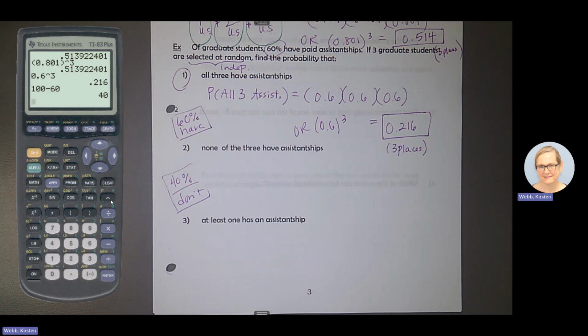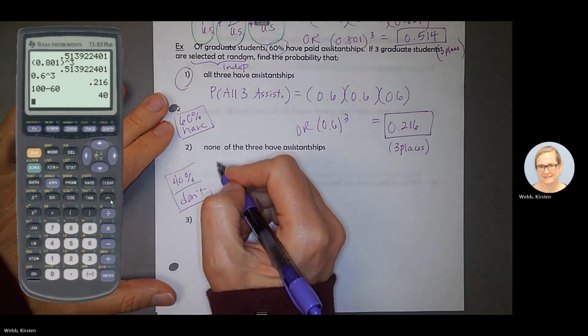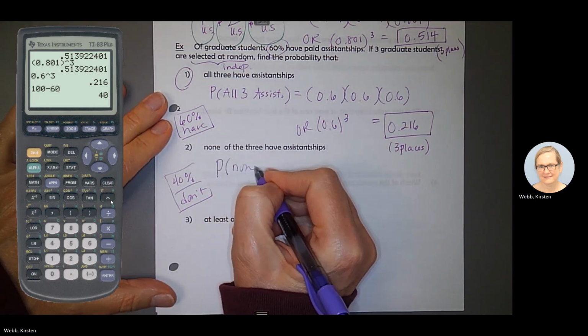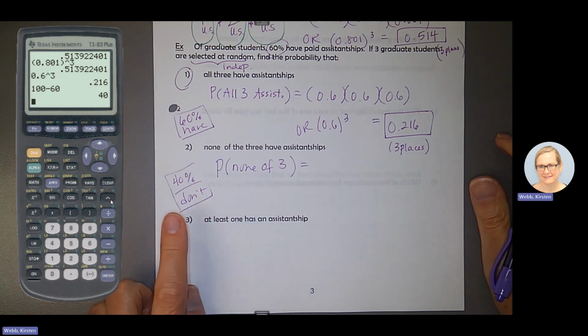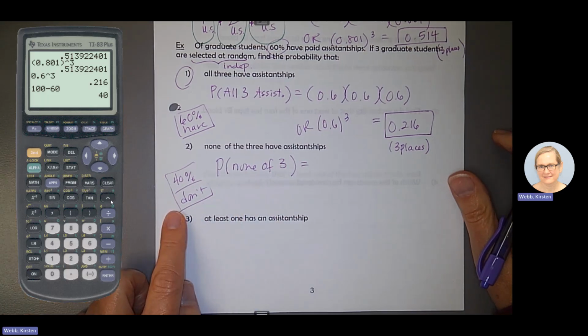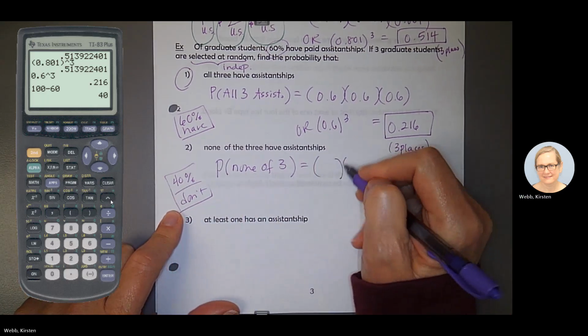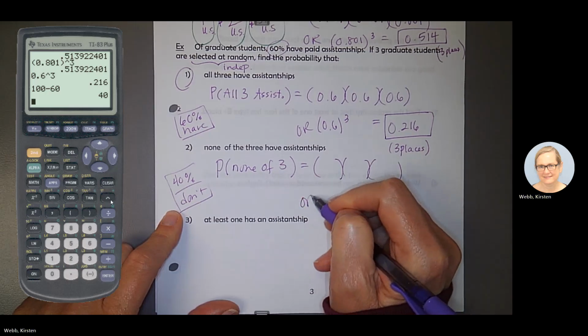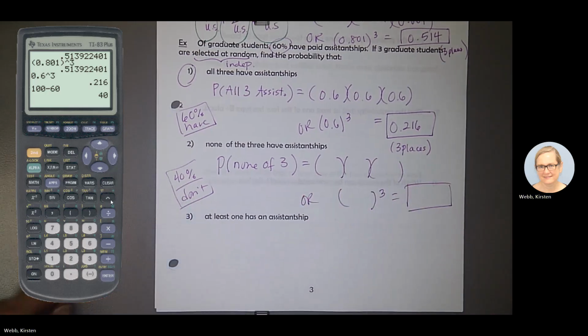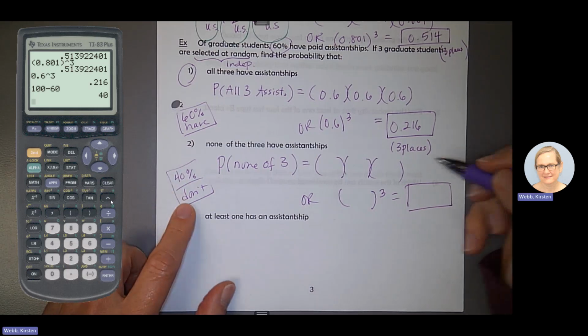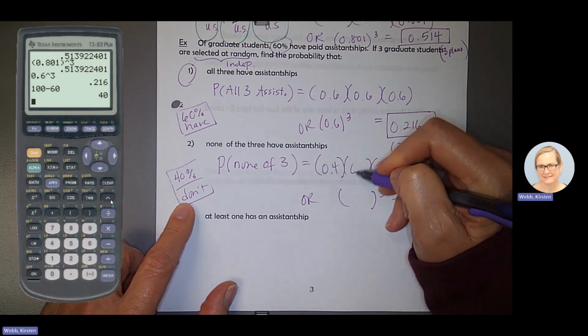Now they want us to find a probability that none of the 3 have assistantships. Which would mean the first one doesn't, and the second one doesn't, and the third one doesn't. So the probability that they don't, we're seeing now, is 0.4.